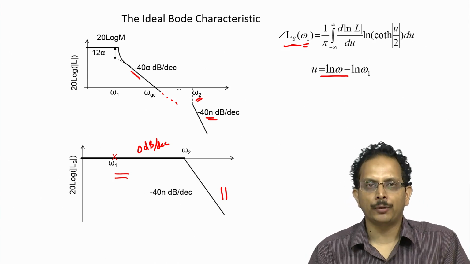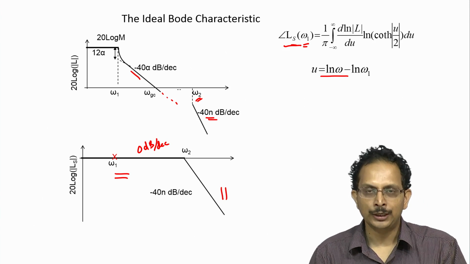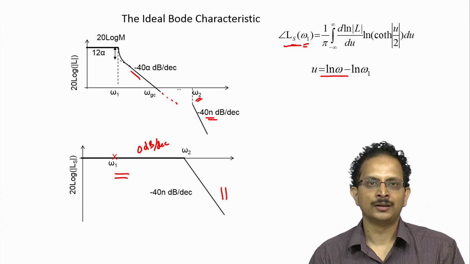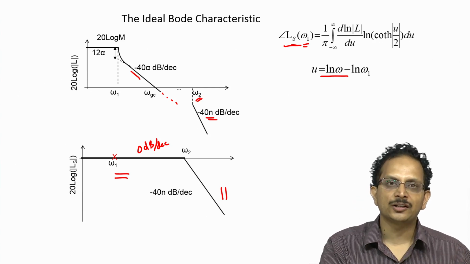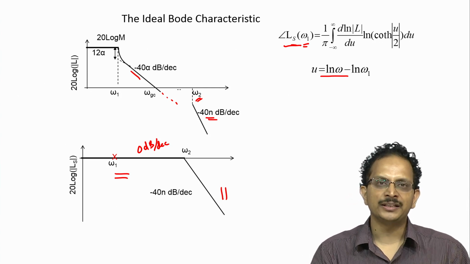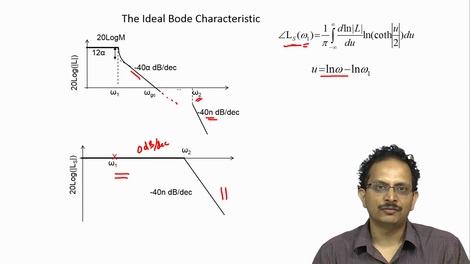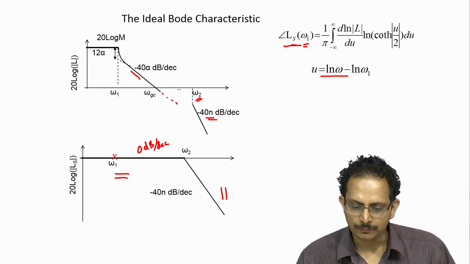So this is the starting point. We have to use this expression to determine what this final characteristic of the loop gain would do to the phase characteristics of the open loop system in the vicinity of the gain crossover frequency and the frequency omega 1.